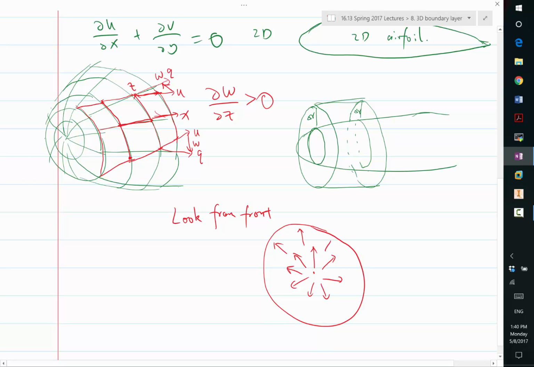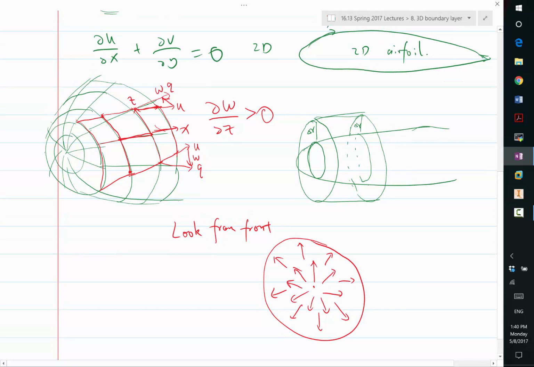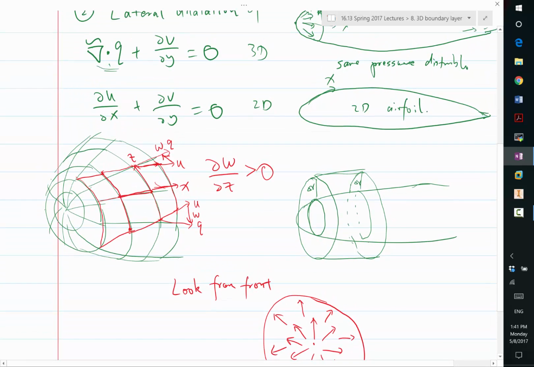Does this look like a positive or negative divergence for you on this two-dimensional surface? It's a positive divergence. And this is the contribution from dw dz. Even if u velocity doesn't change along the streamline, you still have a positive divergence. So dw dz is positive in the three-dimensional case.